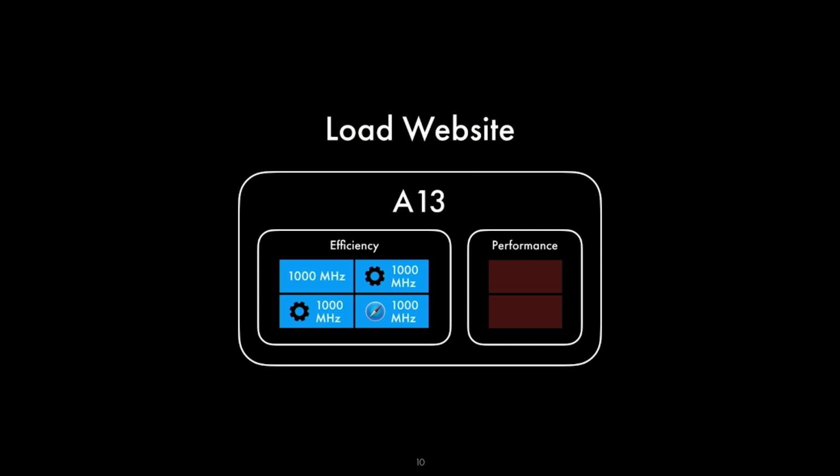So then, let's say that I start loading my website. It will start on one of the efficiency cores, and also the frequency of the efficiency cluster will ramp up. Also, important to note here is that all of the cores in a given cluster have the same frequency. They're not, as far as I've been able to observe, individually addressable.